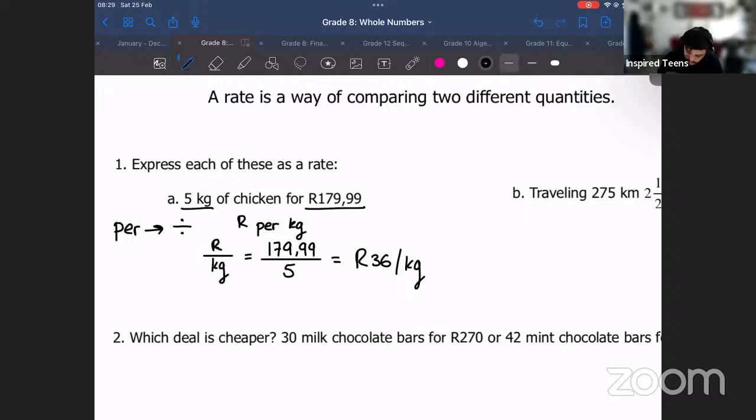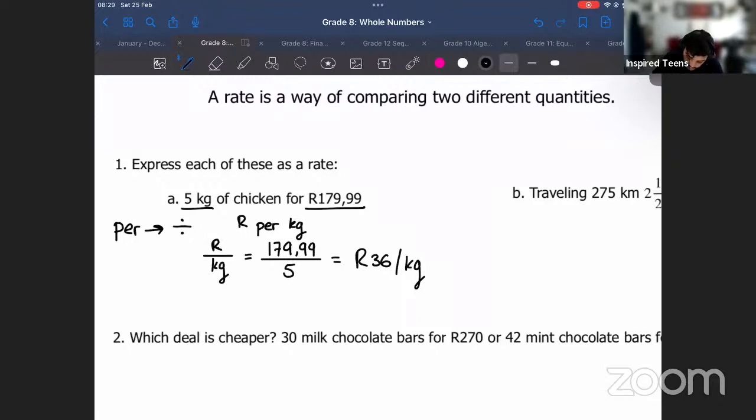Just for this one, I want to calculate how many kilograms per rand we get. How many kilograms of chicken do we actually get per rand? Maybe you have 2 rand to spend, even though they're not going to sell you chicken for 2 rand. Just for interest's sake, how many kg would they give us if we had 1 rand, 2 rand, whatever?